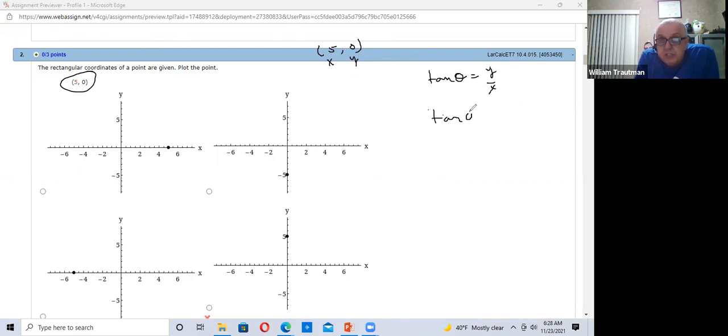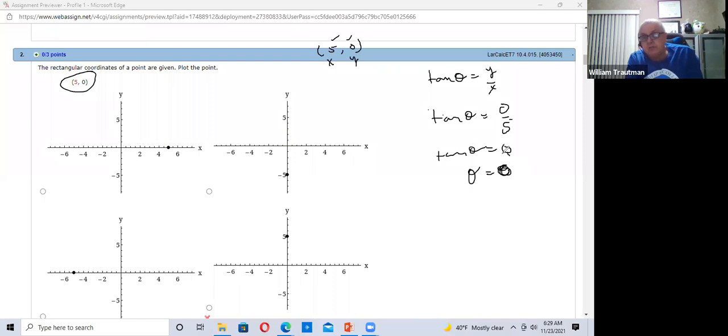So the tangent of theta equals 0 over 5, y over x. So the tangent of theta equals 0, so theta equals 0 also.